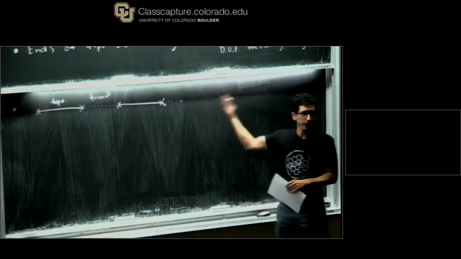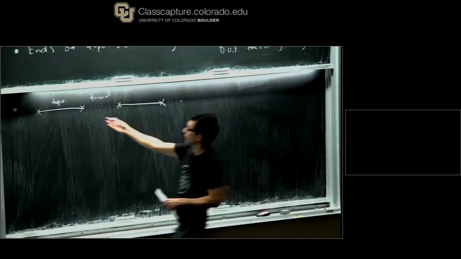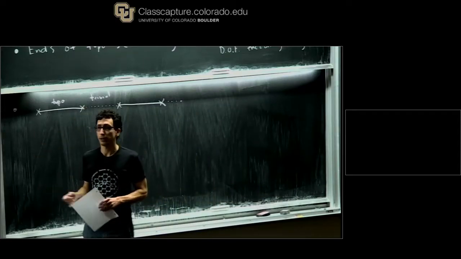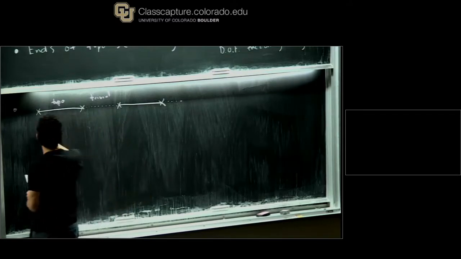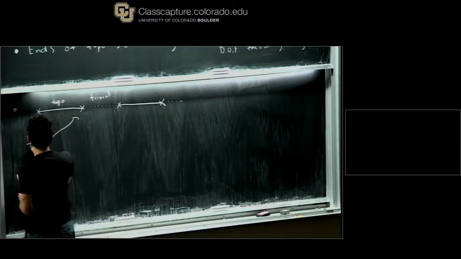In this way I can create an arbitrary number of Majorana modes. And every pair of those Majorana modes is similarly going to give me a factor of 2 in the ground state degeneracy. So these things are all Ising anyons.